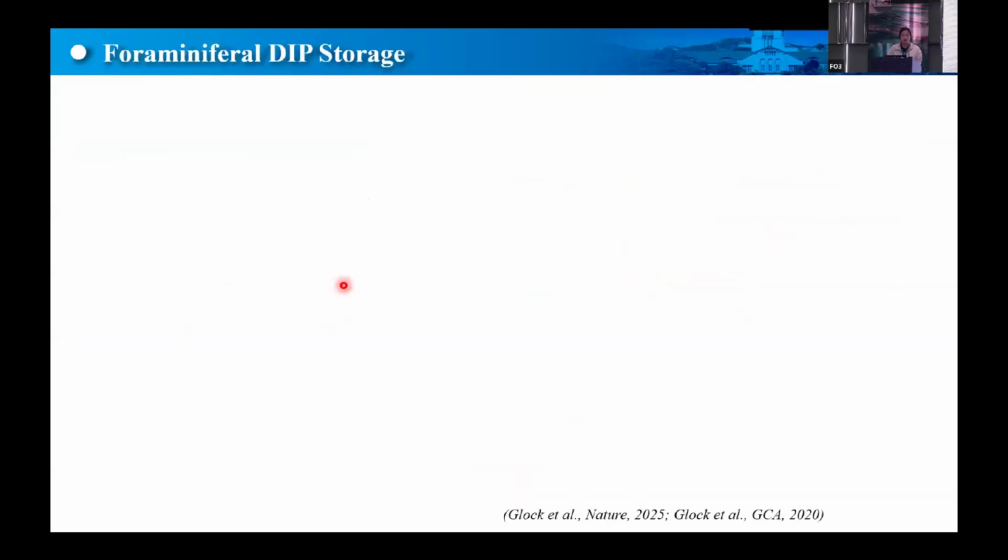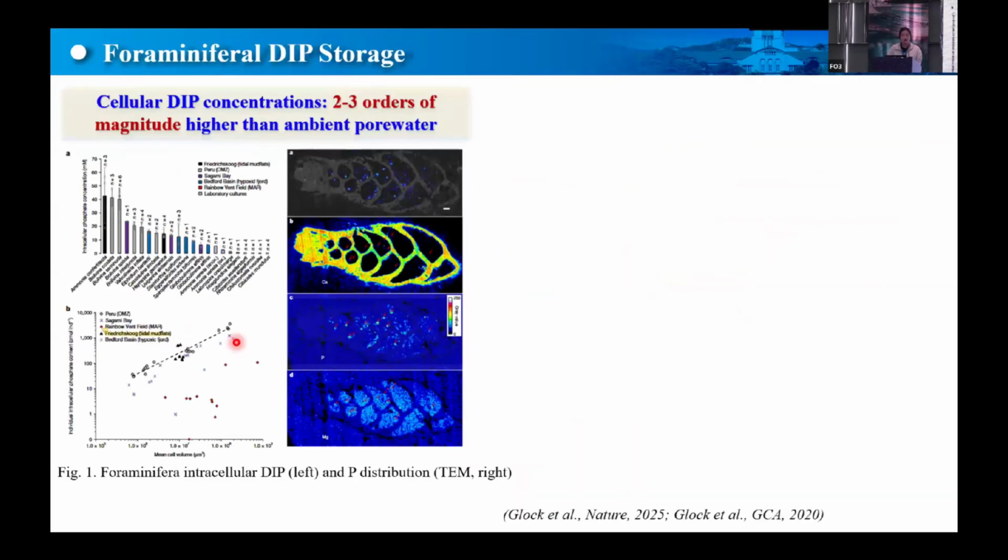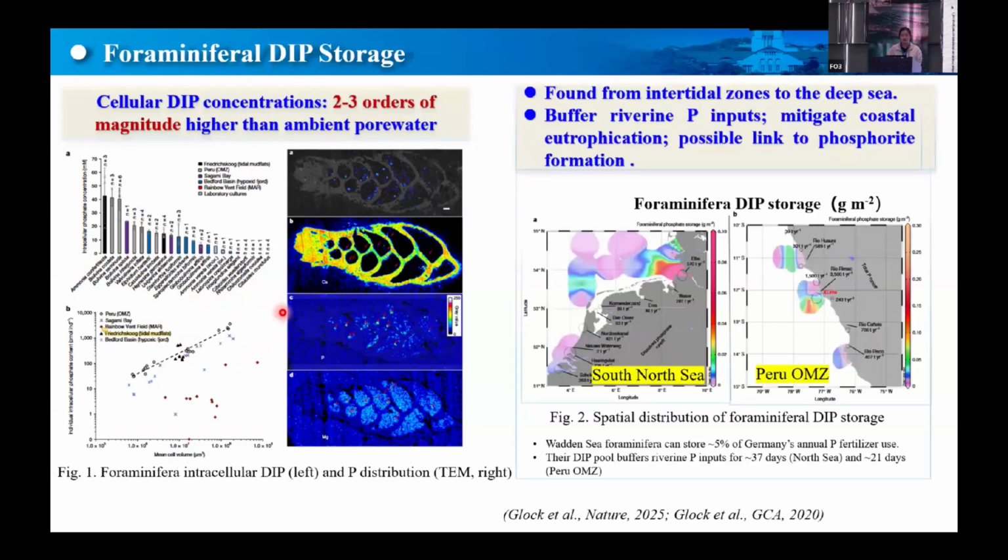A recent study has shown foraminifera can accumulate phosphate in their cells, and their cellular DIP concentration can reach up to 2 to 3 orders of magnitude higher than ambient pore water. And this is not a single phenomenon.